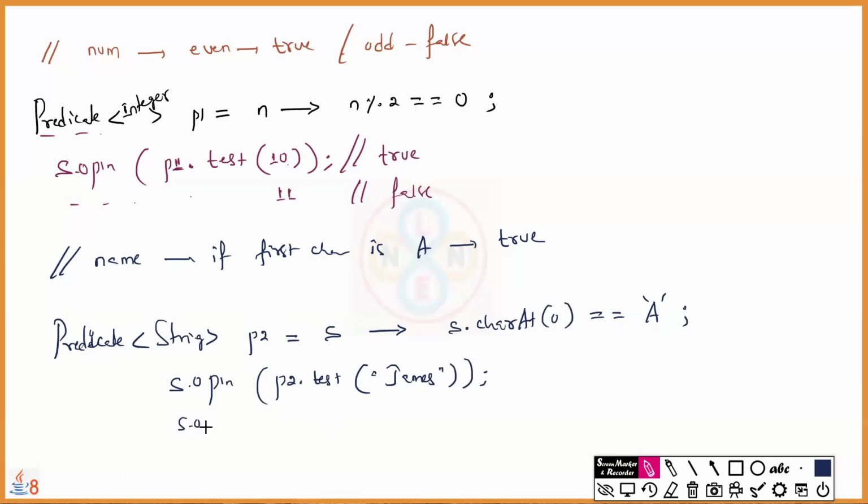And then System.out.println of p2.test of, again we have to provide a string only, say Anand. Now what's the output? It's false because it's not A as the first letter. What's the output here? True because it's A as the first letter. That's how we write lambdas. We use the predicates to get the results. Am I clear?